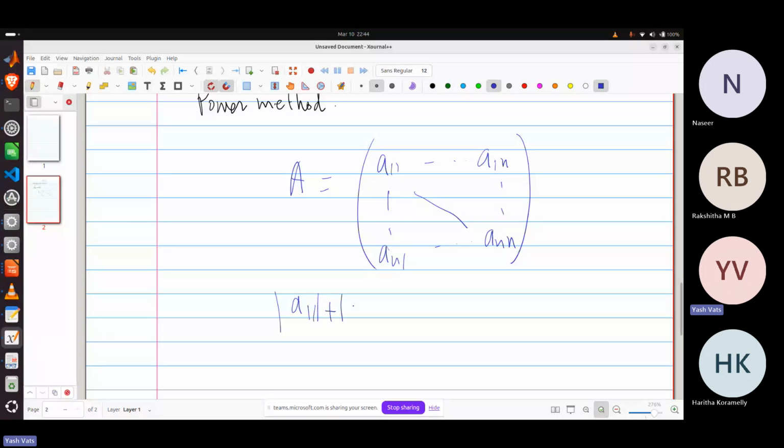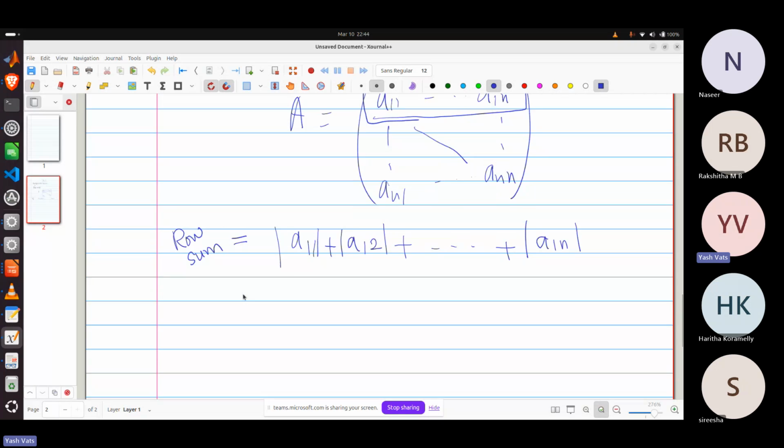if you consider the sum along the first row, so if this is the first row, then you consider the sum. Okay, this is the row sum. Then lambda is an eigenvalue of A, and the absolute value of lambda can't exceed the maximum row sum.